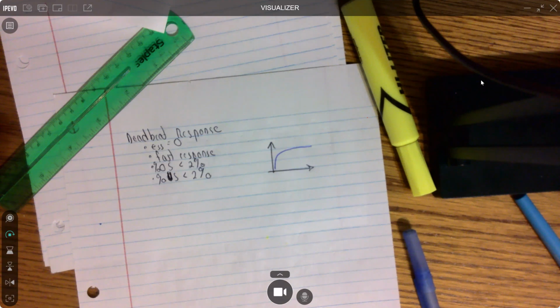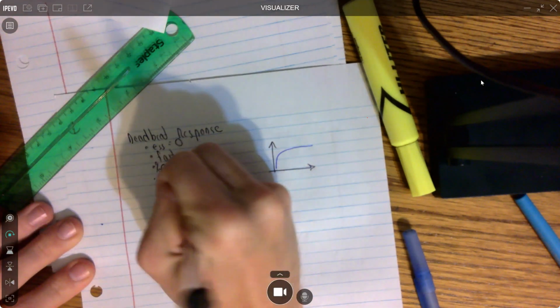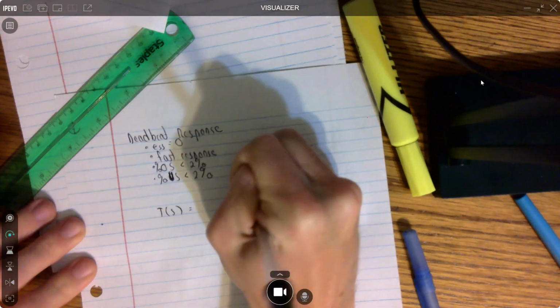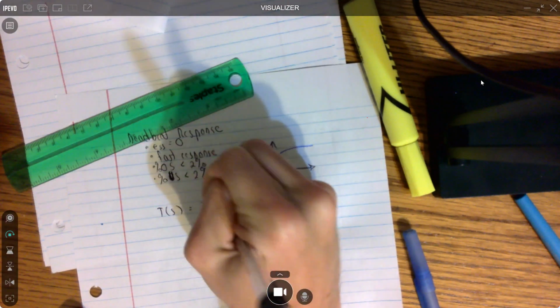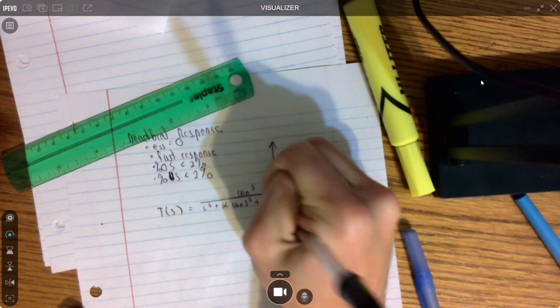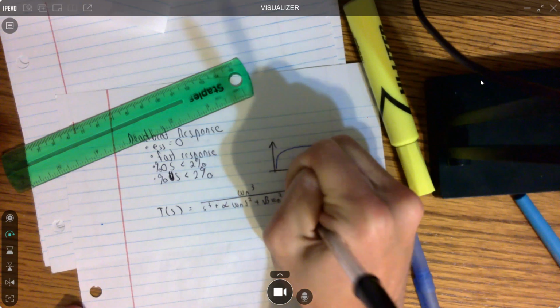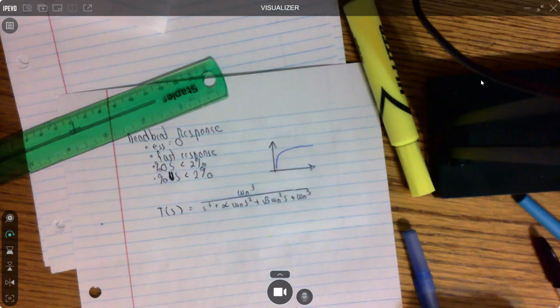Let's say, for instance, we had a transfer function given to us equal to omega n to the power 3 over s cubed plus alpha omega n s squared plus beta omega n squared s plus omega n cubed, so it's a third order transfer function. First things first, we're going to normalize this.